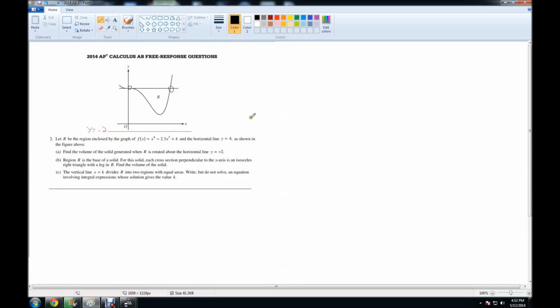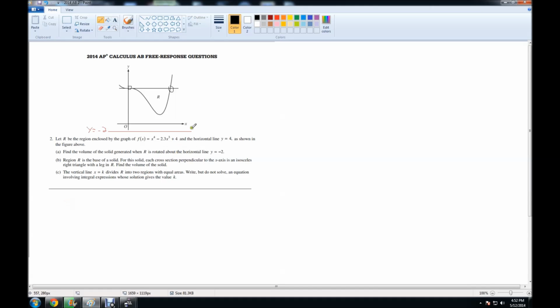What you notice is when you subtract them to equal 0, the 4 cancels, and you're just left with x to the power of 4 minus 2.3 x cubed equals 0. You can factor out an x cubed, and you're left with x cubed times x minus 2.3 equals 0, so x equals 2.3 and 0. But let's go ahead and graph this anyway, for those of you that aren't comfortable with factoring.